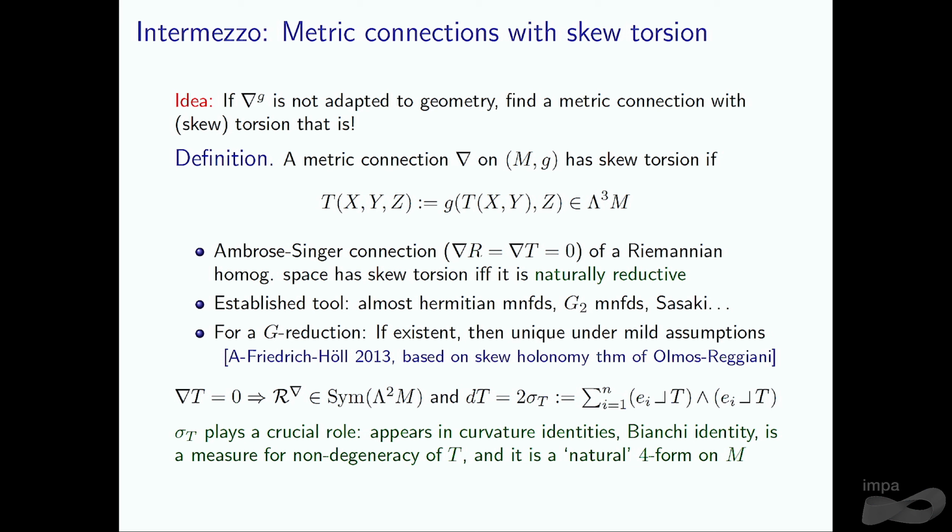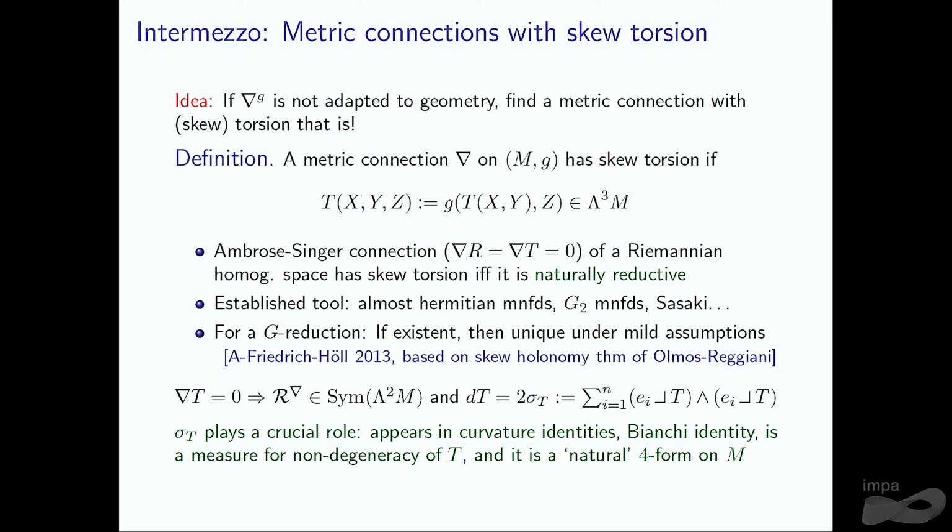Right? Which is, of course, because the structure group is never acting in an irreducible way, because it's U(n) in dimension 2n+1, so you have a one-dimensional trivial copy, or trivial representation. Okay, so a metric connection is said to have skew torsion if the 3-form which I derive from the torsion tensor in the usual way is actually skew-symmetric with respect to all indices.